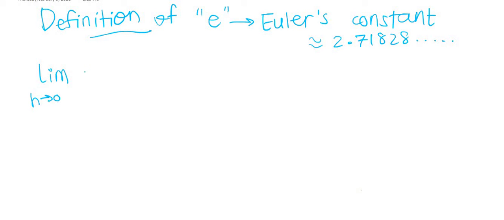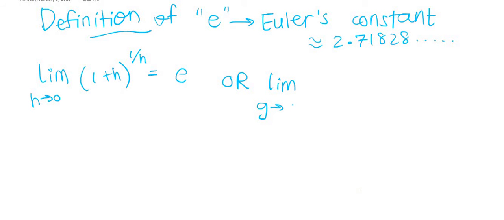Limit as h tends to 0 of 1 plus h raised to 1 over h is equal to e, which is Euler's constant basically. Or we could write this as limit as g tends to infinity of 1 plus 1 over g raised to g.